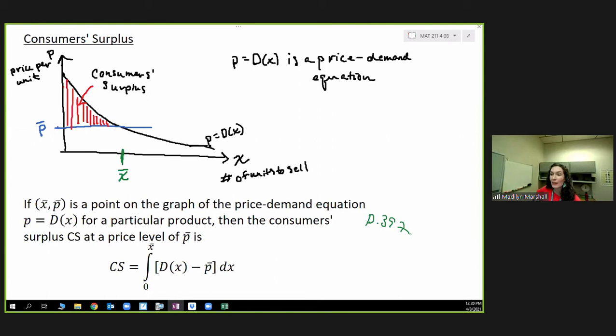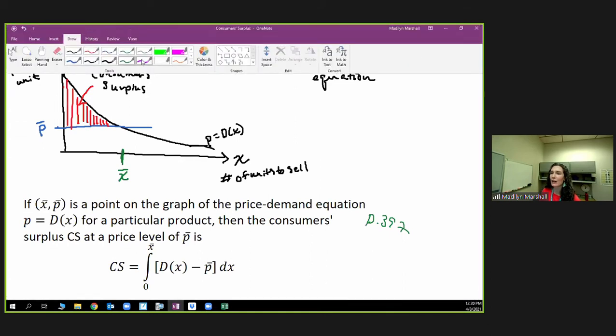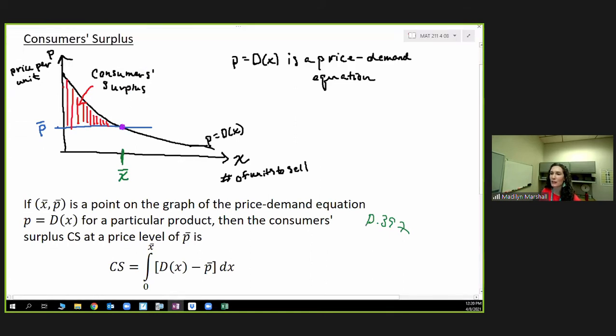So here is our consumer surplus formula. If X bar, P bar is a point on the graph of the price equation, that is always going to be this point on the price equation.